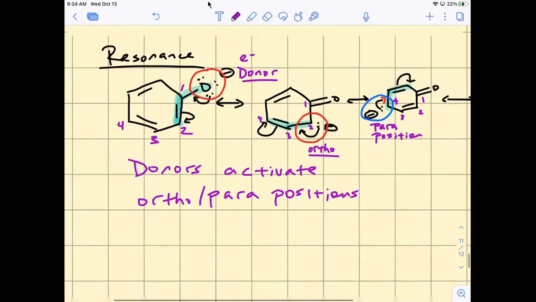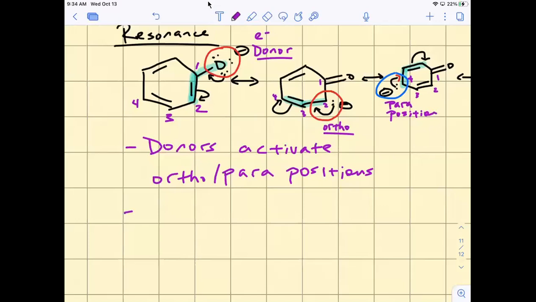The reason that's important is because if you're doing electrophilic aromatic substitution, the electrophile desires to go wherever the electrons are. So if there are electrons at the ortho position and the para position, that's where anything you add to this ring that has a donor already attached to it is going to end up, at either ortho or para.